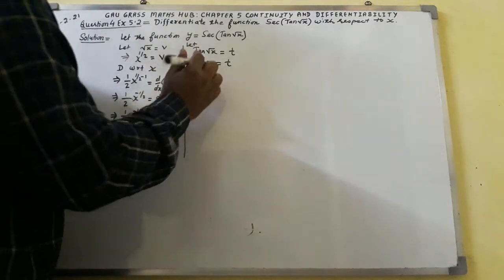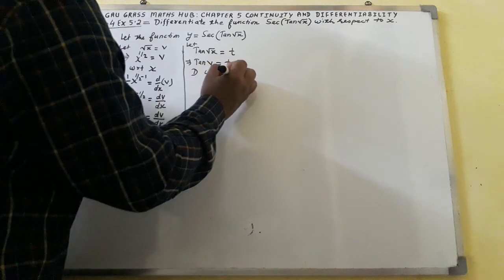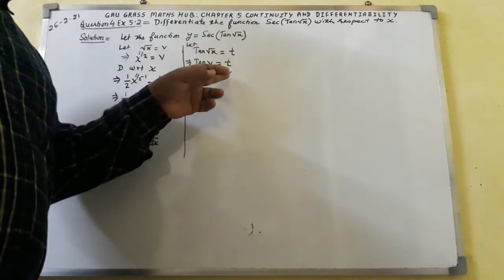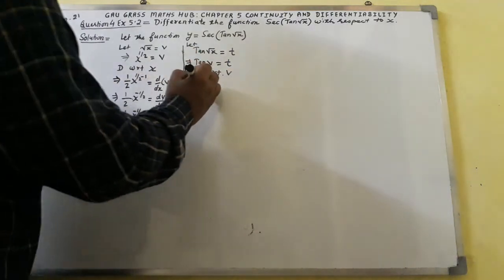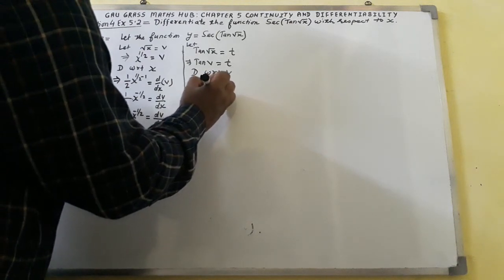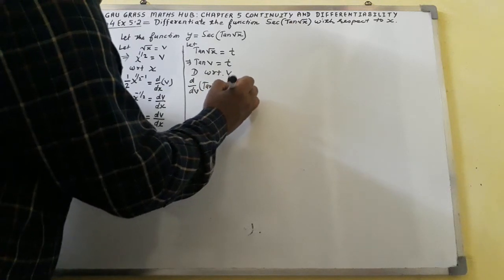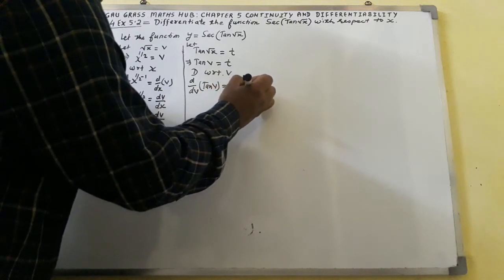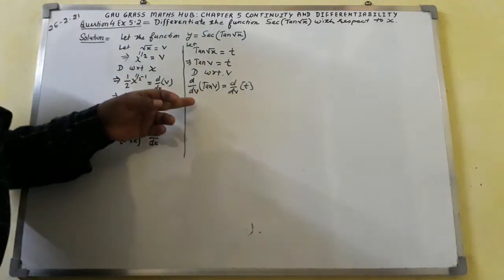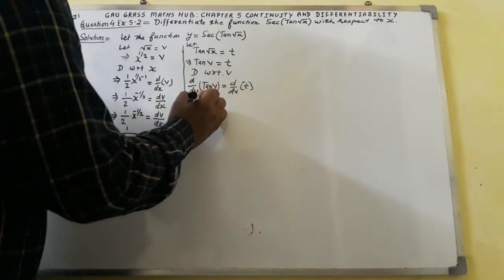Now differentiating this function with respect to v. So here we will get d/dv of tan v, which comes out to d/dv of t. This implies that d/dv of tan v comes out to be sec square v.